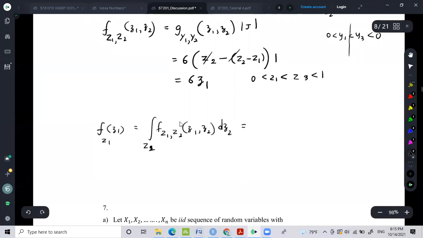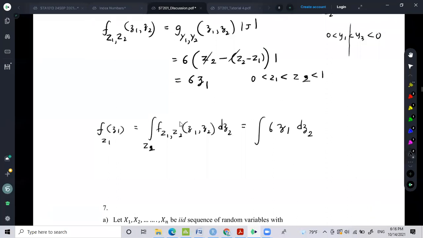Right, so our joint PDF is 6 times Z1. What is the support of Z2? Z2 is from Z1 up to 1. So that is the limit.